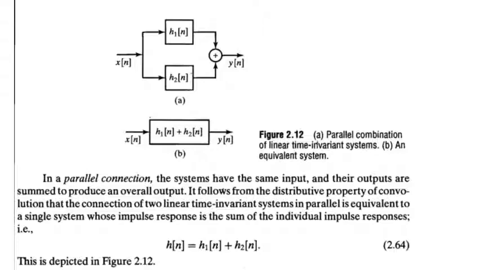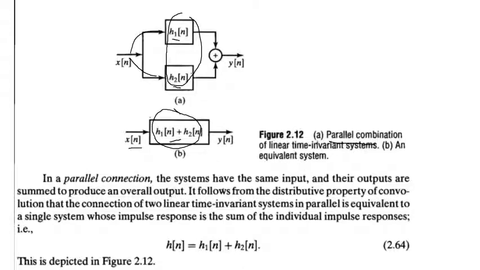Here we have parallel connections. So this is kind of a distributive property. One system, two system. Either I can convolve this with this, and convolve this with this, and then finally add them. Or the other way is to simply add the two impulse responses, and then convolve the net impulse response with x of n.